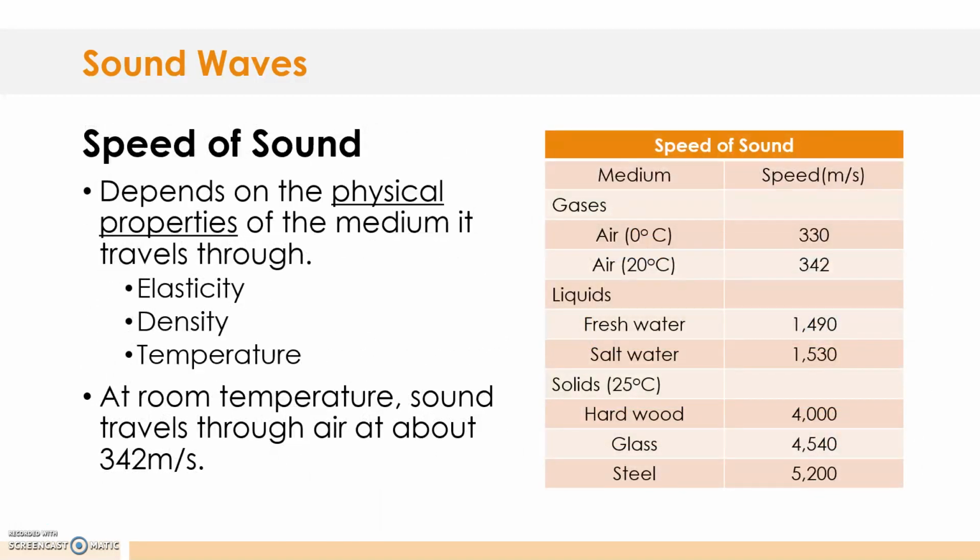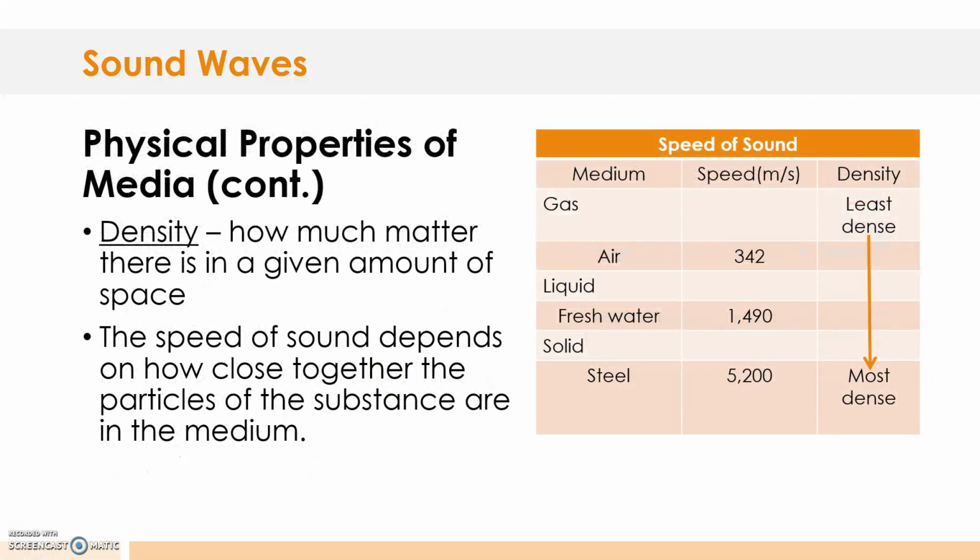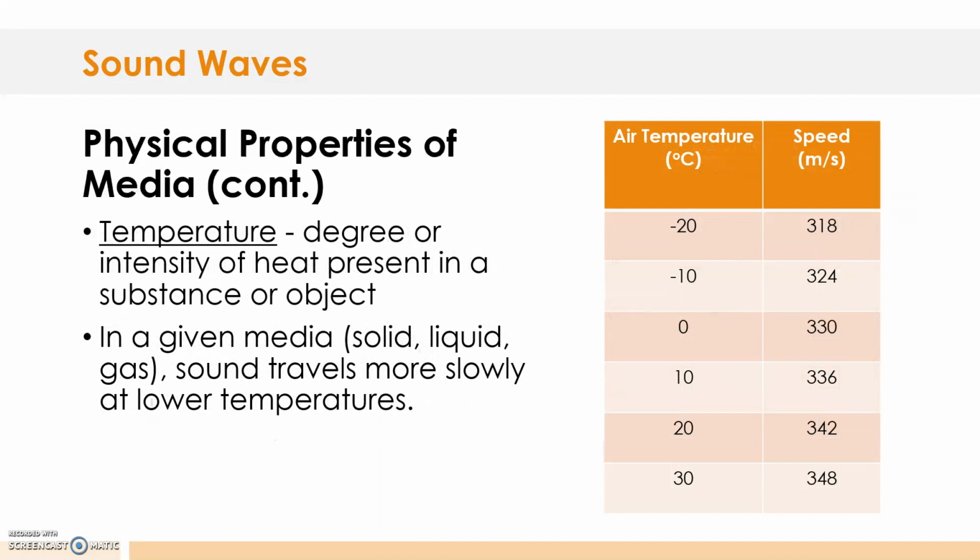We see that wood and glass are both a solid, but glass is more dense. So it's going to move through it faster. So density is going to matter here too, not just whether it's a gas or a liquid or a solid, sorry.